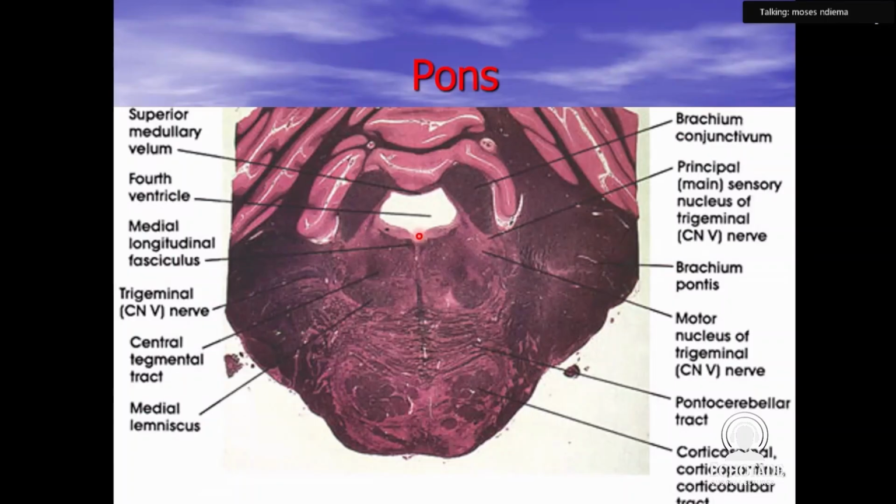We have the midline here, and immediately after the midline, we have the medial longitudinal fasciculus. If you see the word fasciculus, that is axons, fascicles. The medial longitudinal fasciculus contains axons that connect the various cranial nerve nuclei.